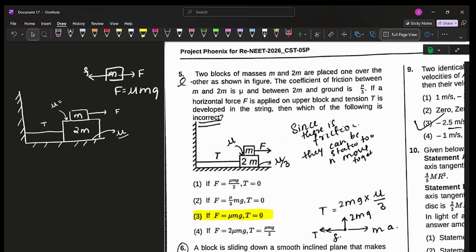Okay, this is confusing me a bit. Let's see once more. So the maximum friction here I can have is mu mg.